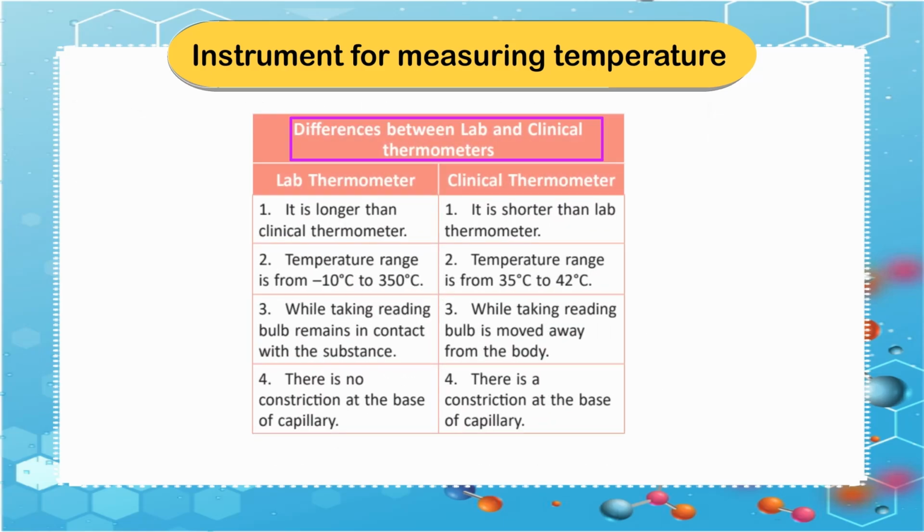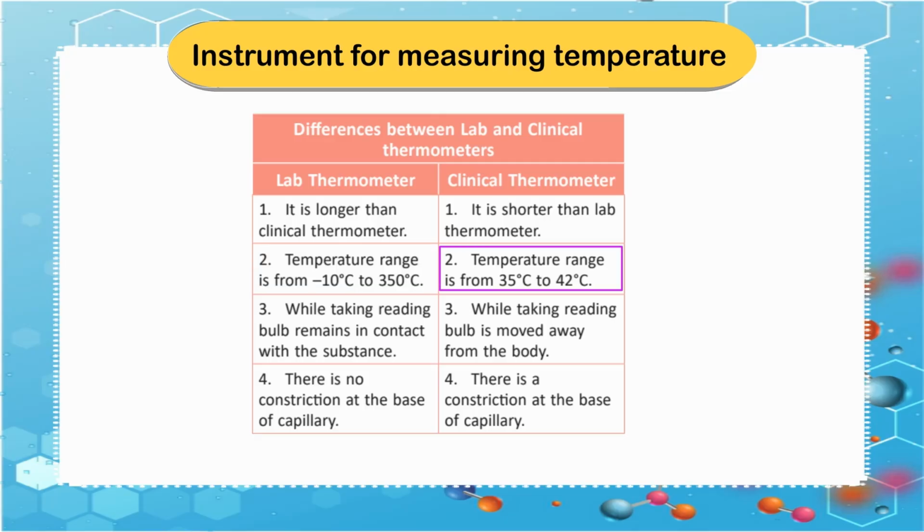Differences between lab and clinical thermometers. Lab thermometer: 1. It is longer than clinical thermometer. 2. Temperature range is from minus 10 degrees Celsius to 350 degrees Celsius. 3. While taking reading, bulb remains in contact with the substance. 4. There is no constriction at the base of capillary. Clinical thermometer: 1. It is shorter than lab thermometer. 2.